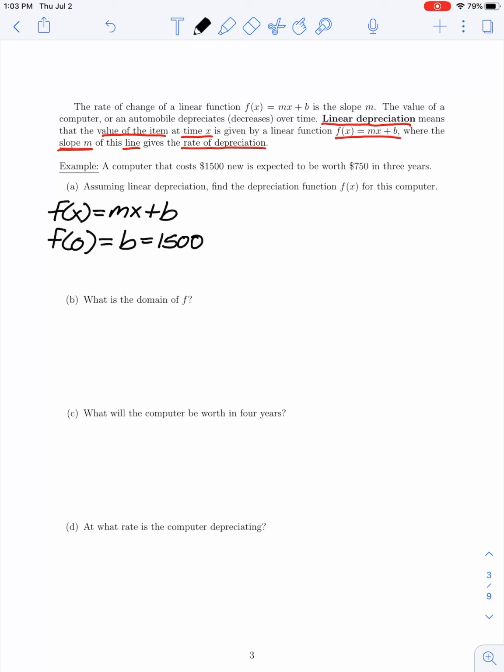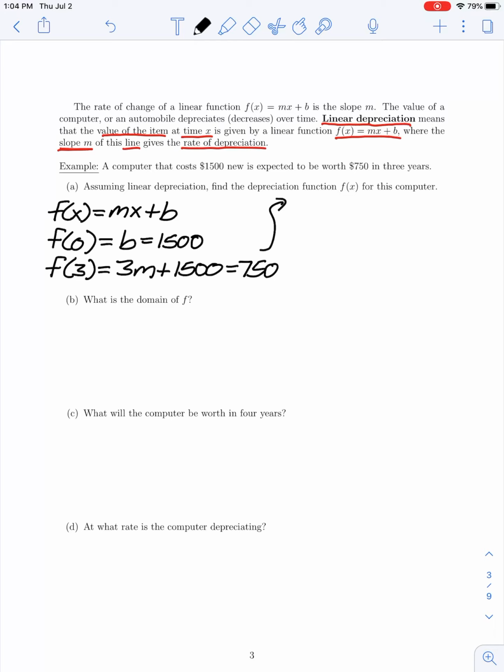Now we just need m, our rate of depreciation. So to determine that, we can look at the value of the computer after 3 years. So here, if we look at the value of our computer after x equals 3 years, we would have 3m plus b, which was 1,500, and we're told that that has to equal 750. So let's see if we can solve for m.